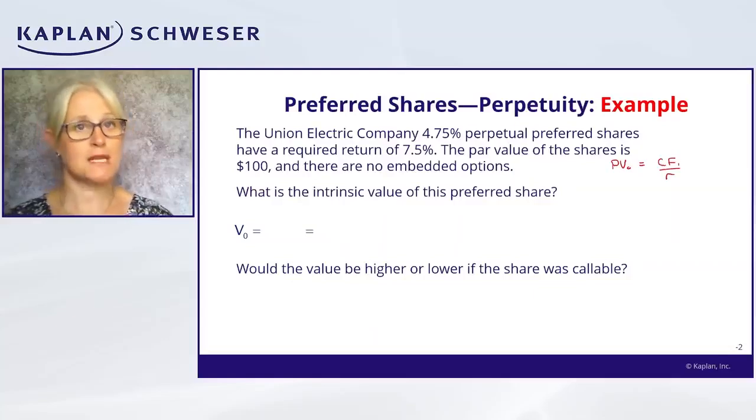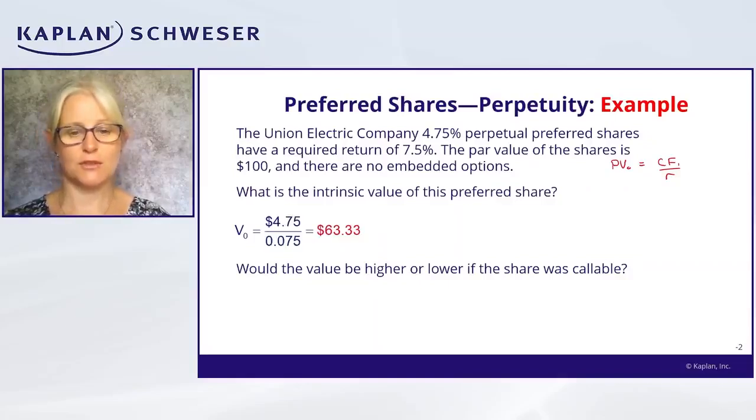And the assumption would be that that cash flow is at the end of this year and every subsequent year. So the value of that preferred share, you've probably seen this in the quant section anyway, is, well, it's 4.75% of the par value, which is 100. It's like a bond. So it's $4.75, discount at 7.5%.